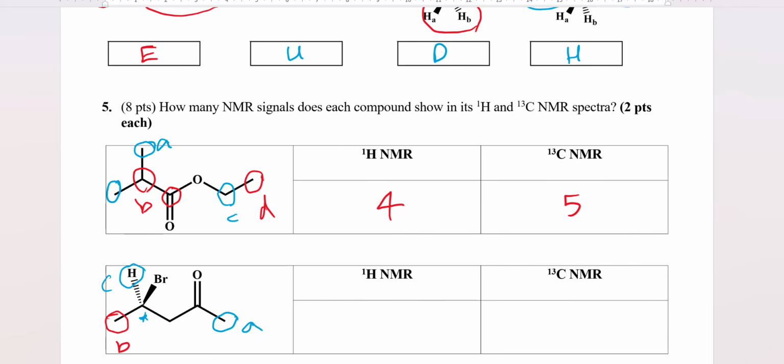When we have a chiral center, the hydrogens of the CH2 are diastereotopic. They are different. They show two different signals. One of them is D, another one is E. So instead of 4, we actually see 5 signals in H NMR.